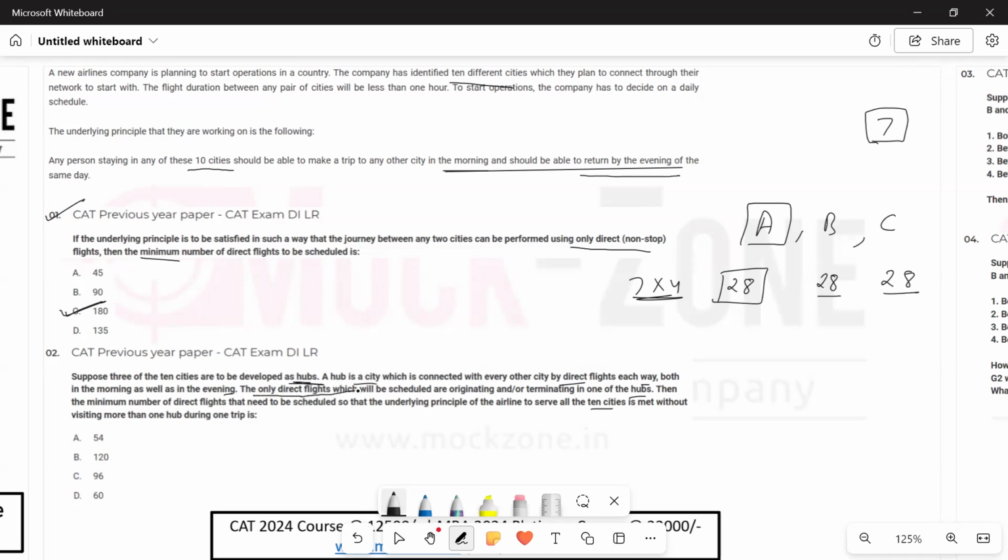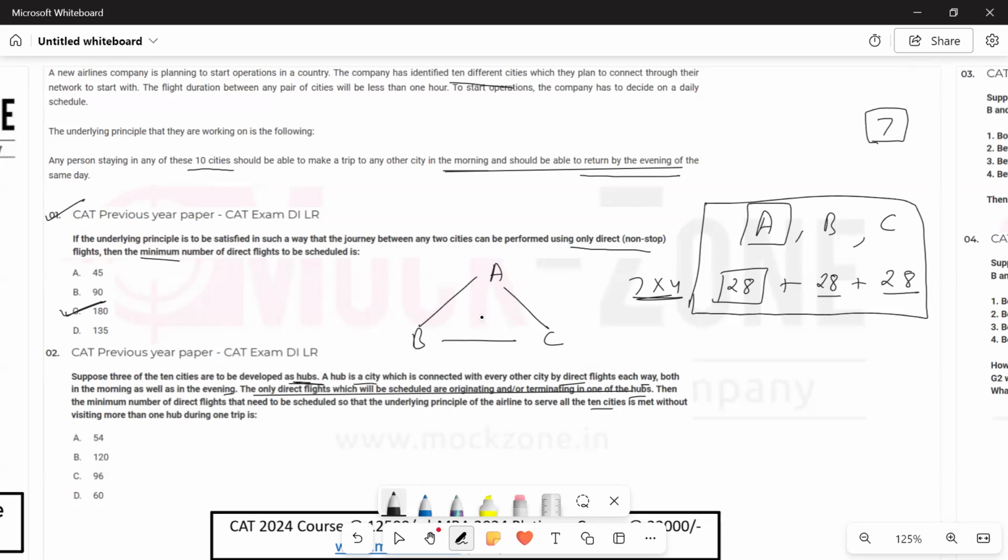The only direct flights scheduled are originating and/or terminating in one of the hubs. So these 28 plus 28 plus 28 are the ways these 3 hubs are connected to the other 7 cities. But let's say these are the 3 hubs, A, B, and C. These will be connected with each other also. There would be 4 flights between AB, 4 flights between BC, and 4 flights between CA.